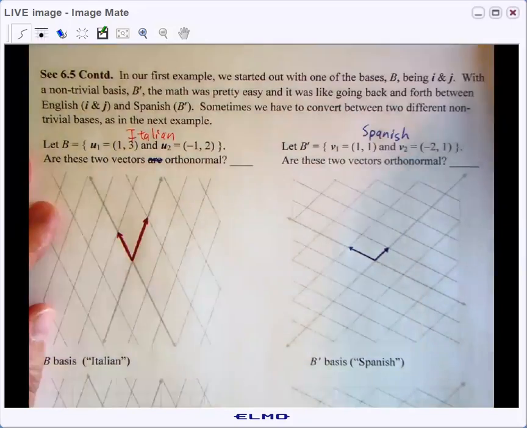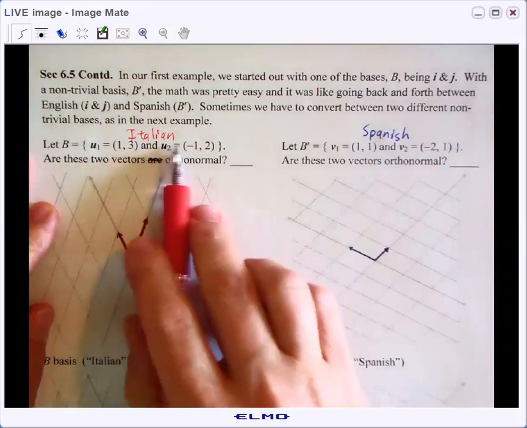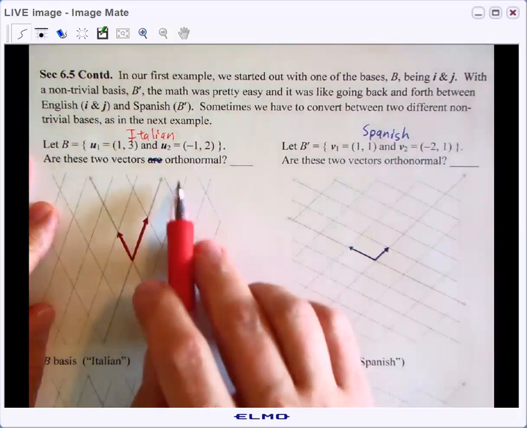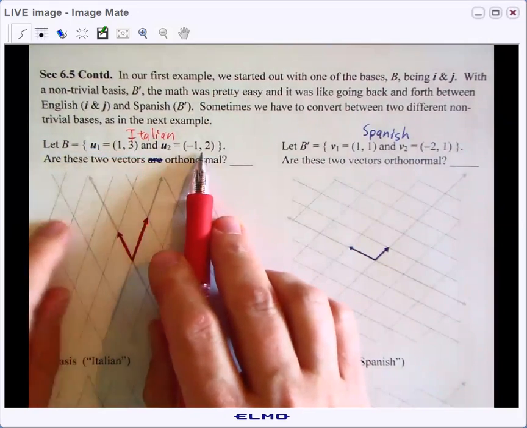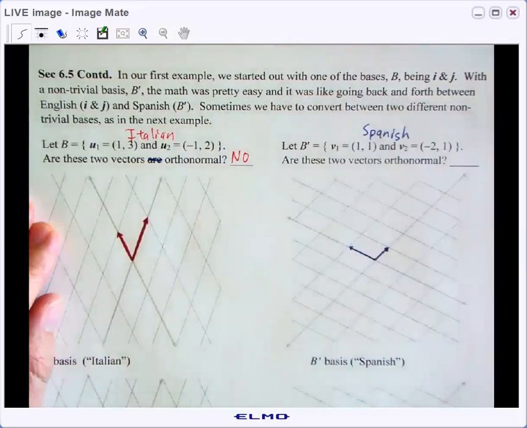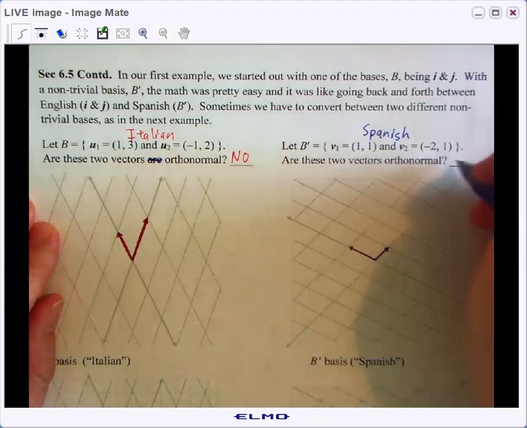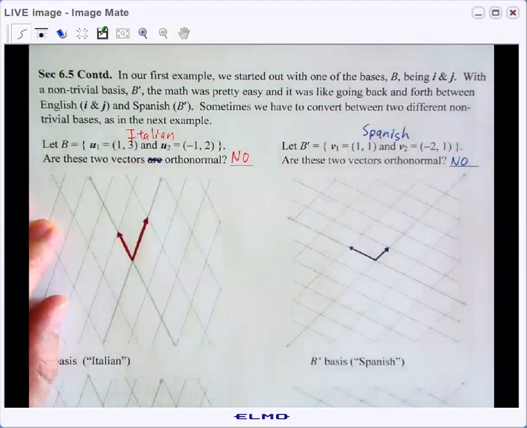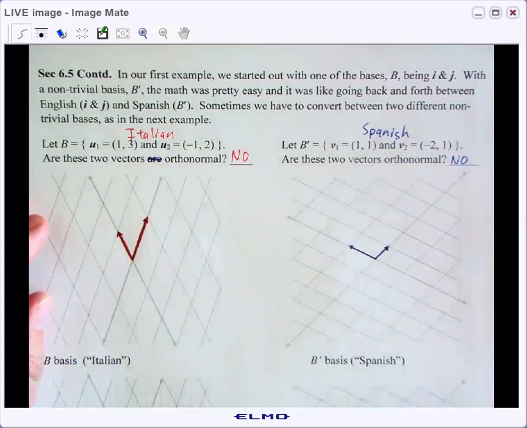And as we notice here, our Italian vectors, 1, 3 and -1, 2, are not orthogonal and they are not each length 1, so they are not orthonormal. Similarly, our Spanish vectors are neither orthogonal nor normal, so they're not orthonormal either.